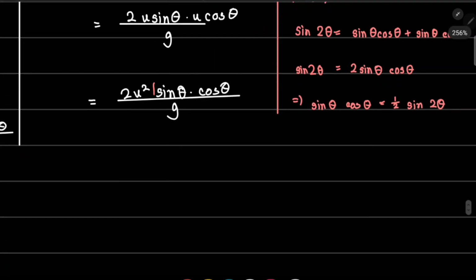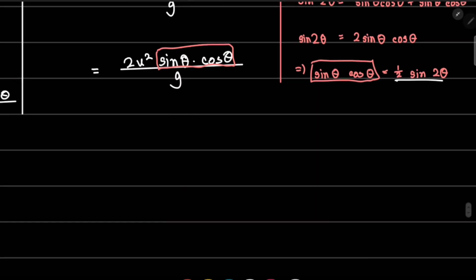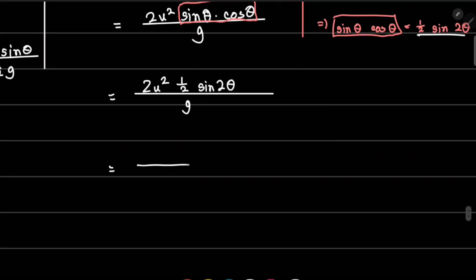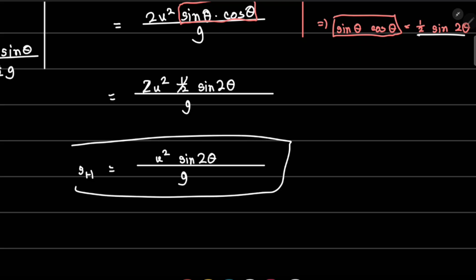Now we see that we have sin theta cos theta over here. We can replace it with half sin 2 theta. So we get 2u squared times half sin 2 theta divided by g, which is equal to u squared. This half and 2 cancel out. We get u squared sin 2 theta divided by g for the horizontal displacement.